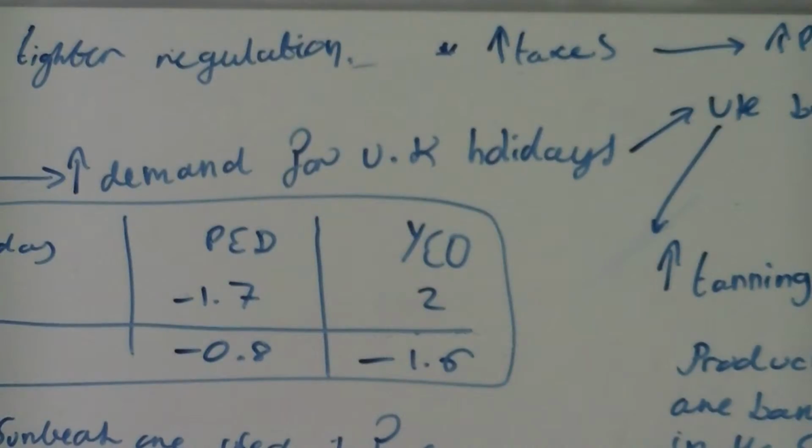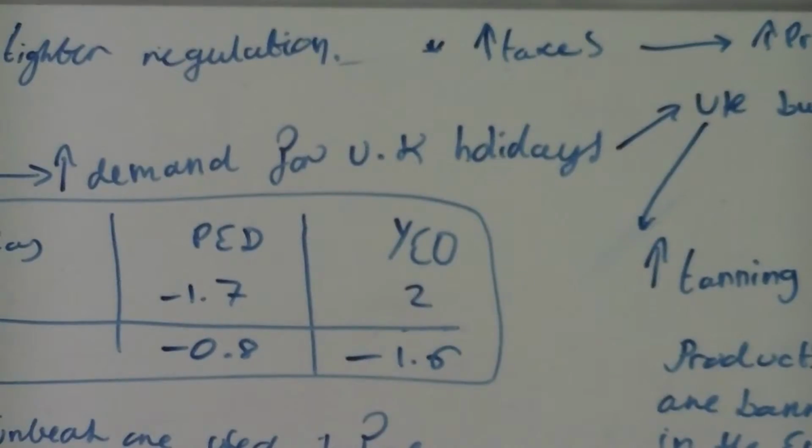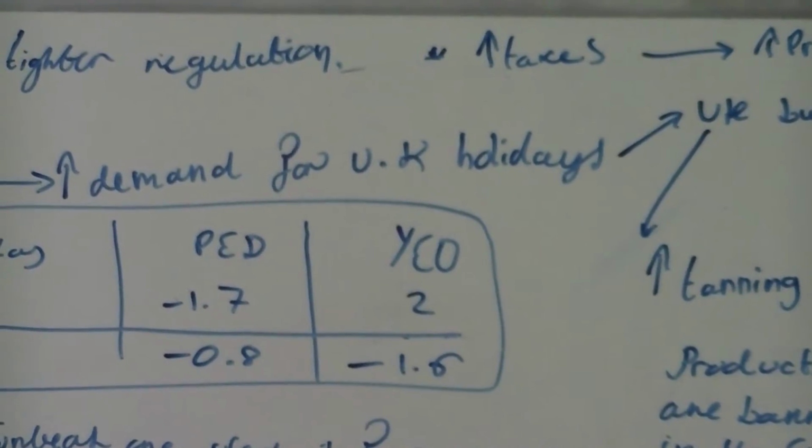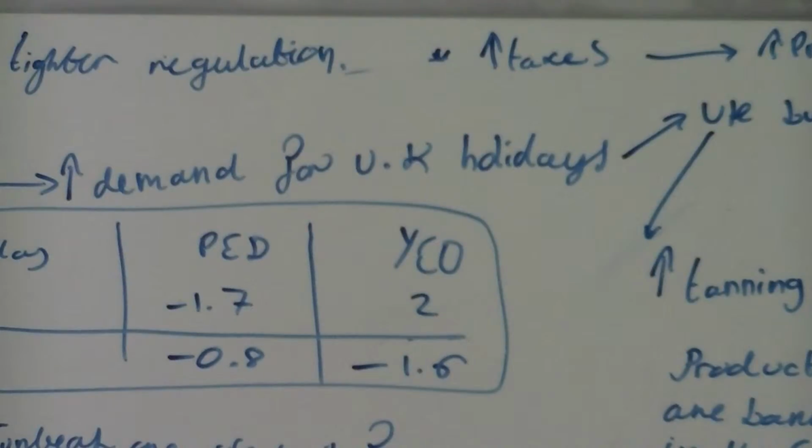YED says how responsive demand is to a change in income. It also tells us what kind of good it is, because people are going to buy a luxury good at a high income level. So it's measured over a change in income. If YED is positive, it's either a normal or a luxury good, and you define them by whether it's larger than 1, in which case it's elastic and a luxury good.